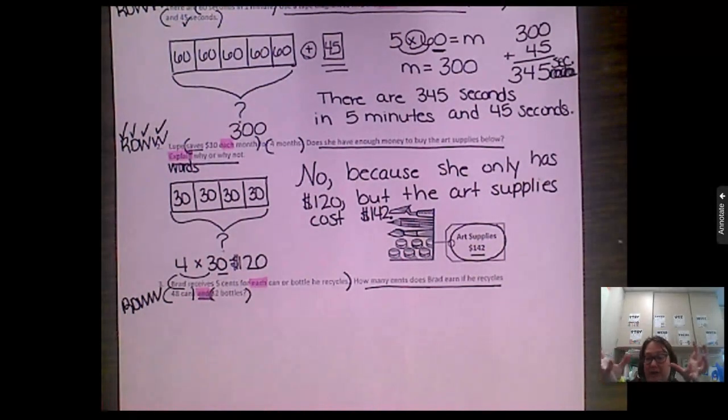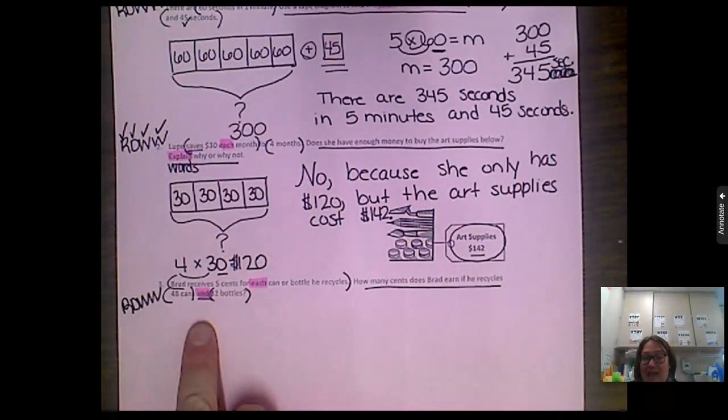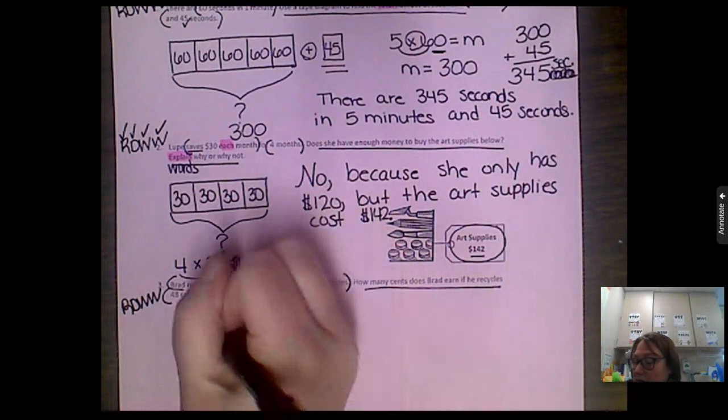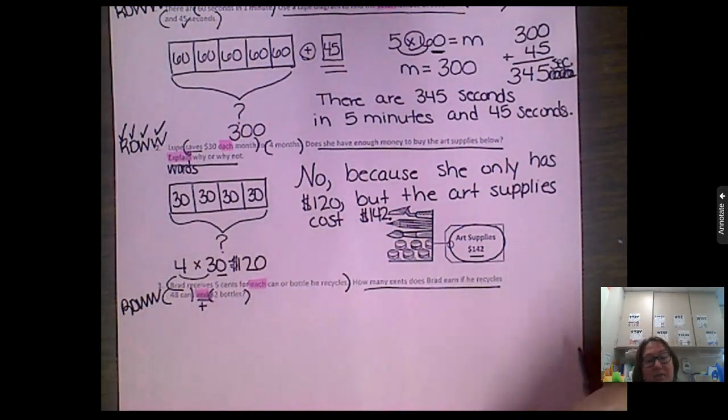What would we do with these two amounts to find out how many he has altogether? We would add. So that word and right there is actually kind of like a clue word that you're going to add those two amounts together to find out how many cans and bottles.